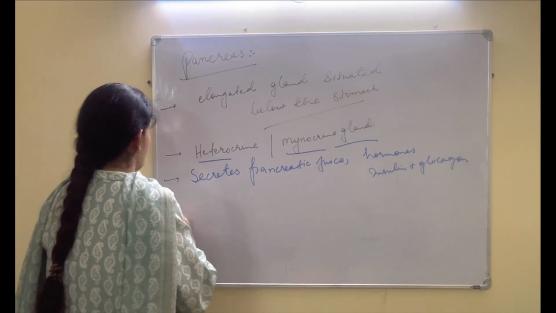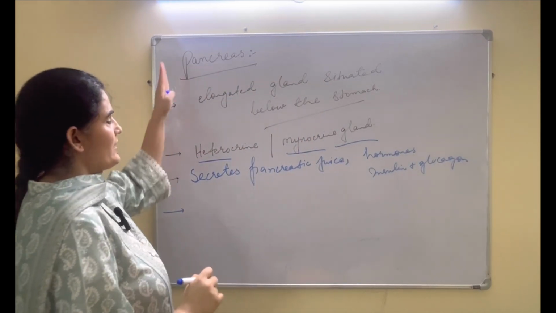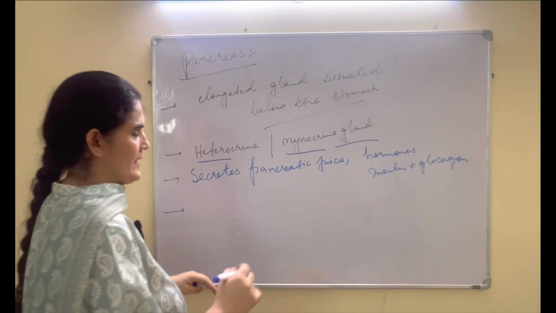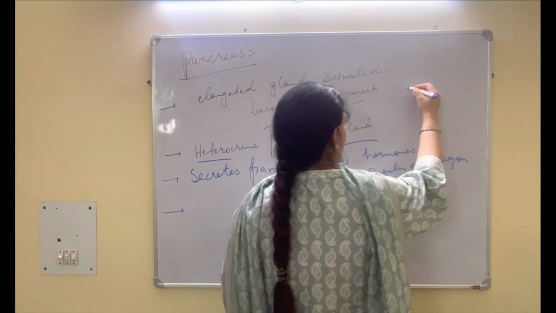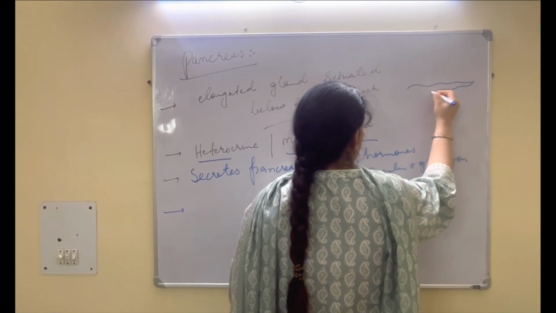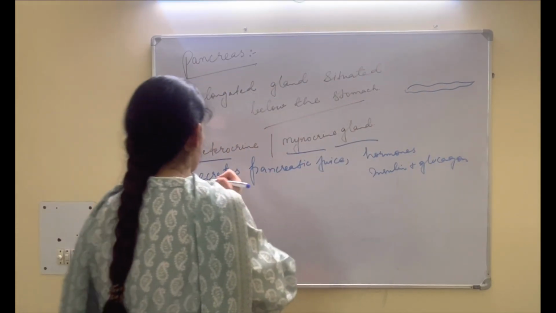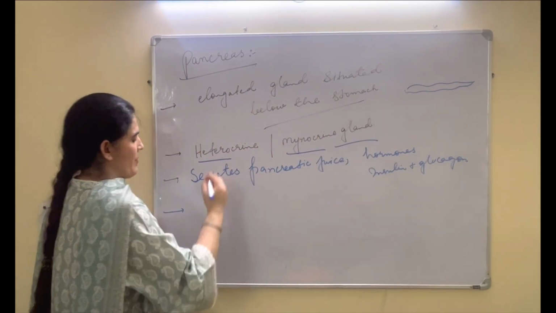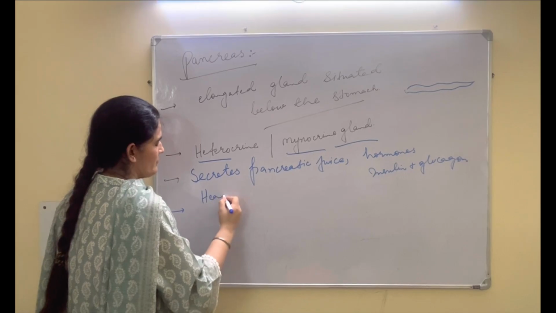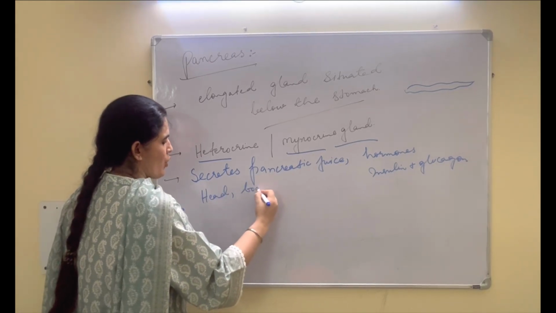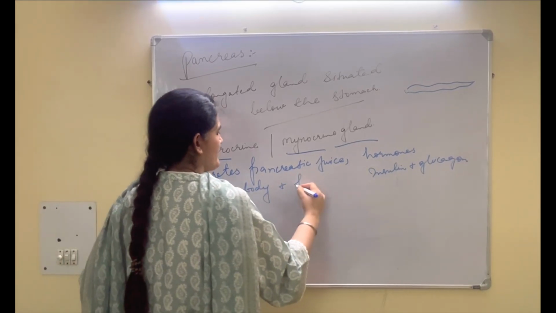Now students, coming to the next part, this pancreas is a leaf-like gland. It's divided into three parts: head, body, and tail.